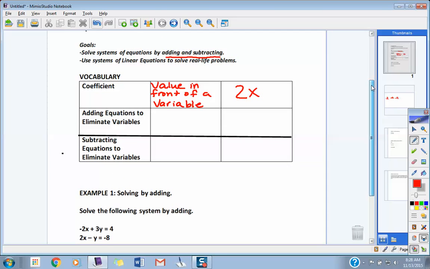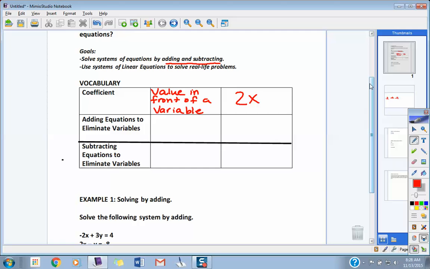But I think another thing to add right here for goals would be to try to have common coefficients in both equations. And I'll show you what that means here in a second.